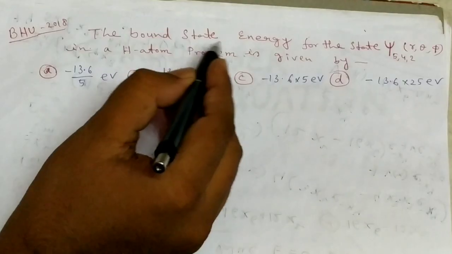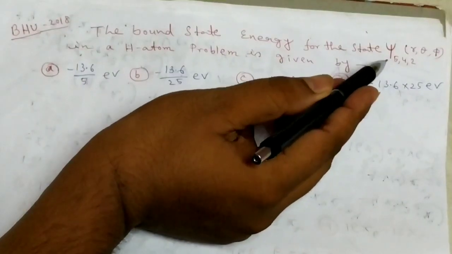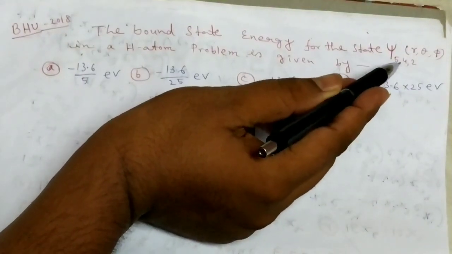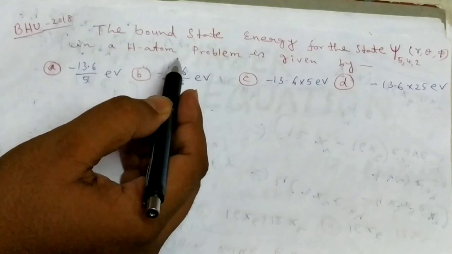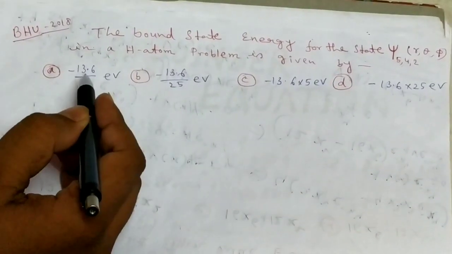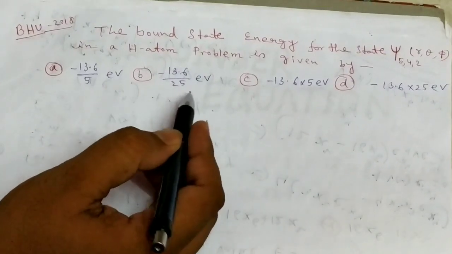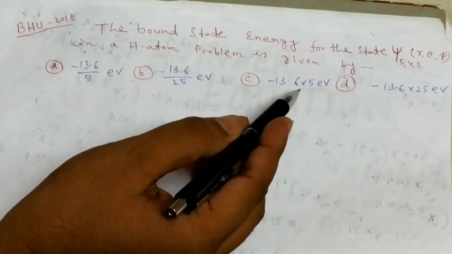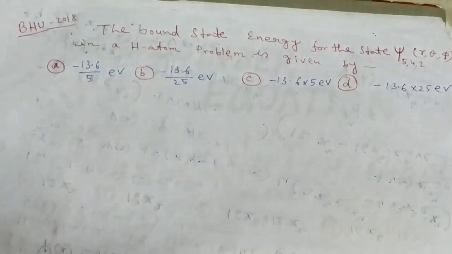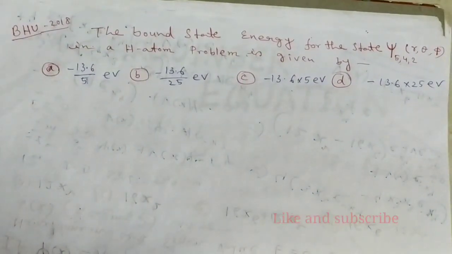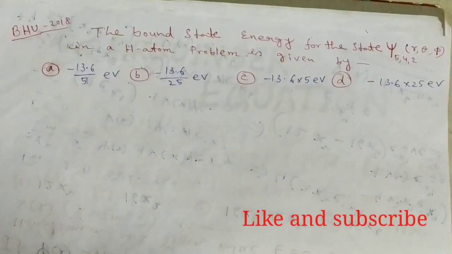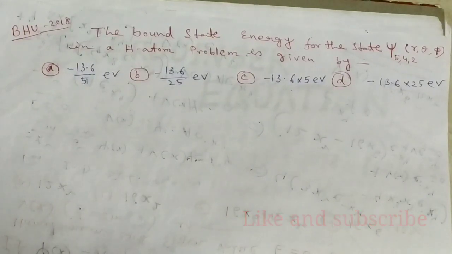Next problem is: the bound state energy for the state psi 5 4 2 in a hydrogen atom is given by minus 13.6 by 5 electron volt, minus 13.6 by 25 electron volt, minus 13.6 into 5 electron volt, minus 13.6 into 25 electron volt. This is a very easy and very simple problem.